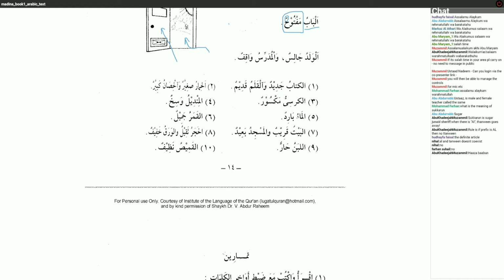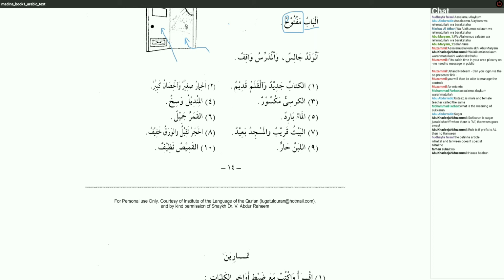Why, Abu Abdul Rabb, do you think it has two dhammas on it over here? It's talking about the door. Okay, give me a more simple reason why it has two dhammas. In simple terms, there's no alif or lam. Correct? Okay.